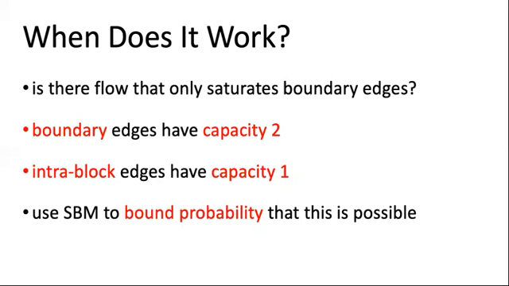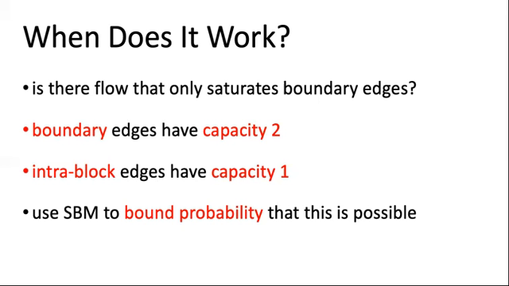So they have exactly a flow of value 2, whereas the intra-block edges are not saturated and have capacity 1. It can be shown that if we can find such a flow, such that the boundary edges are saturated, then the solution of total variation minimization is the true cluster structure.